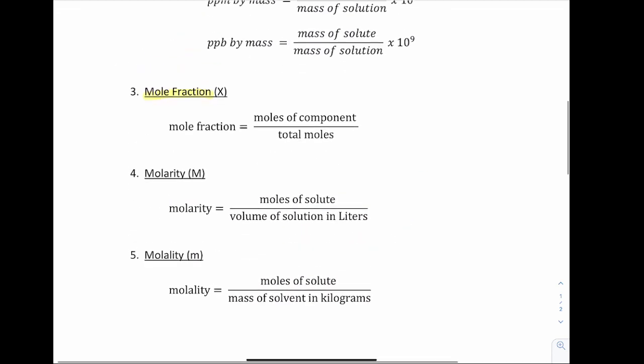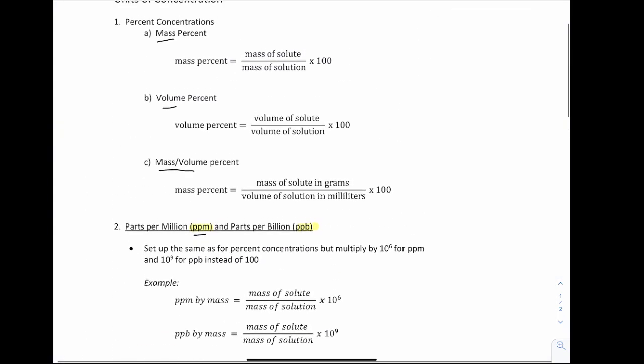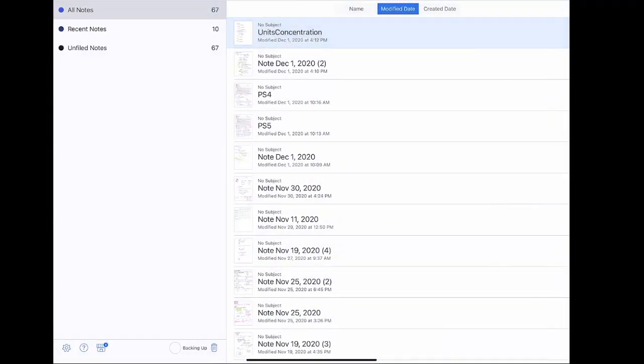So a couple that we know already, and then a few new ones. I'm going to cover the percents and the parts per million and the parts per billion together. I'm essentially going to replicate this handout. If you don't want to write it down, it is posted on Canvas, but I would recommend taking notes still.